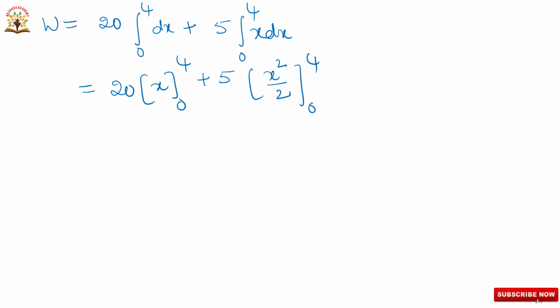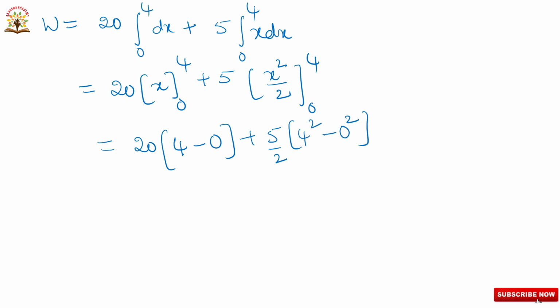So that is equals to 20 into, applying the limits, upper limit minus lower limit, 4 minus 0, plus 5 of x square by 2, taking 2 here and applying the limits, 4 square minus 0 square.